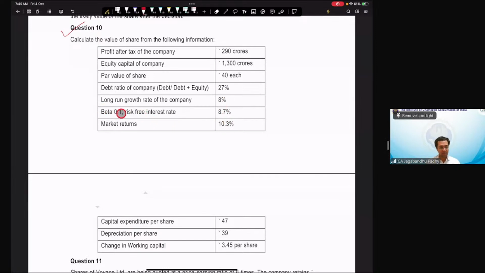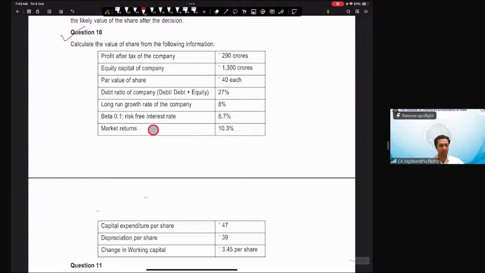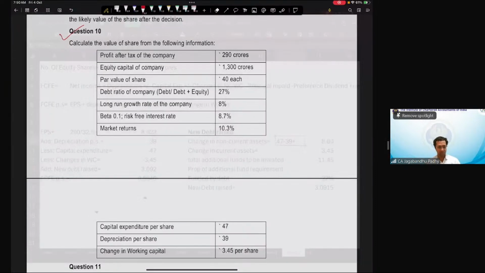Using these two lines, can you give me the CAPM cost of equity?